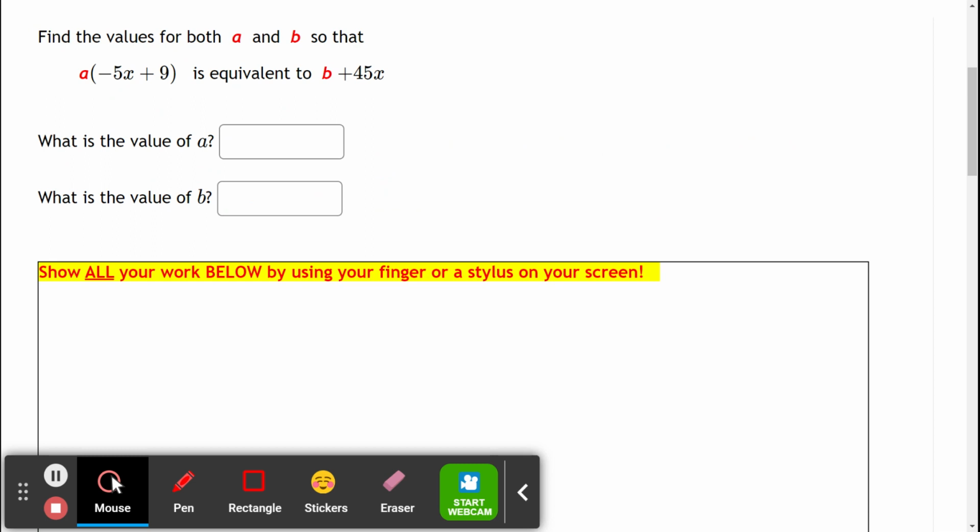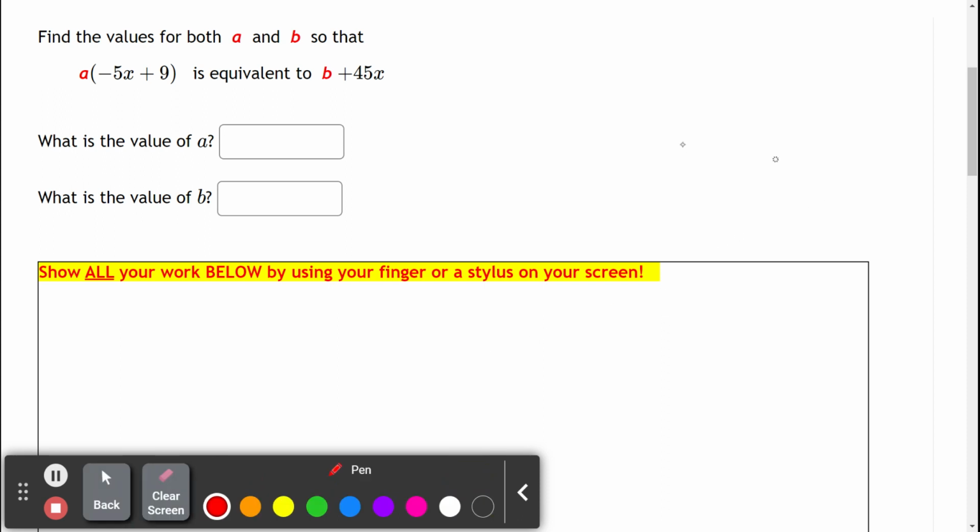Okay, so in this one, first we have a is negative 5x plus 9. And then we have b plus 45x.